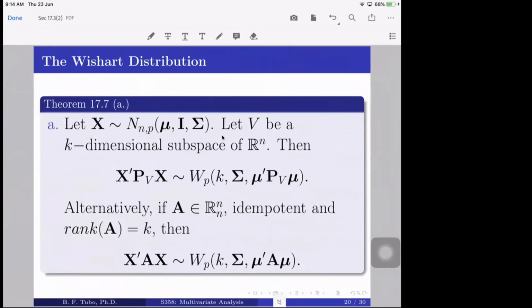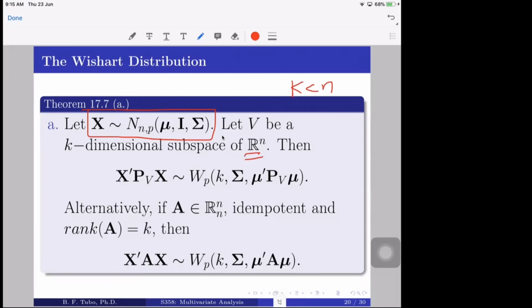Now, let's go to another result, but this time it is with respect to projections on V. We start with the assumption that the x's here are normally distributed. Your x is n by p with mean mu and covariance I sigma. You have a subspace V, which is k dimensional. So k is less than n because it is a subset of R to the n.